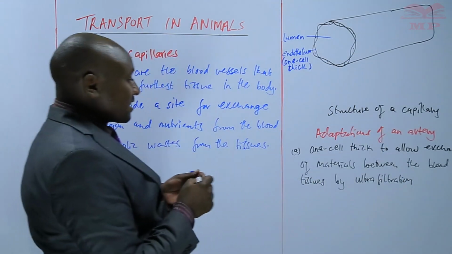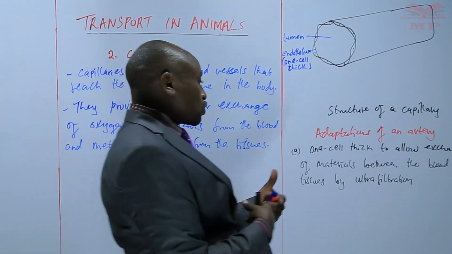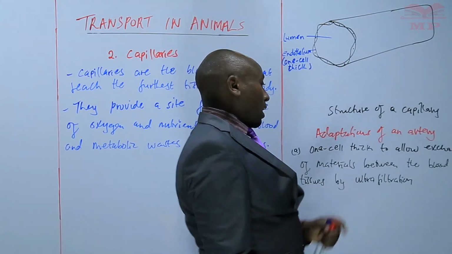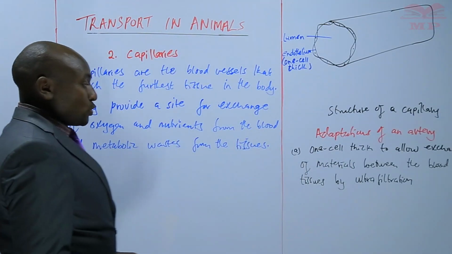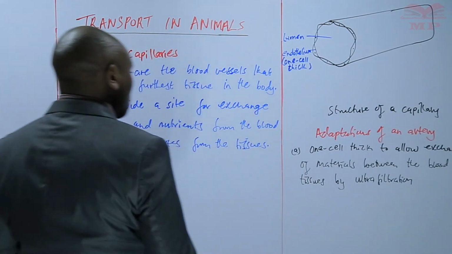So that wall is thin so that there is easier exchange of materials across the wall between the blood and the tissues, of course by ultrafiltration.